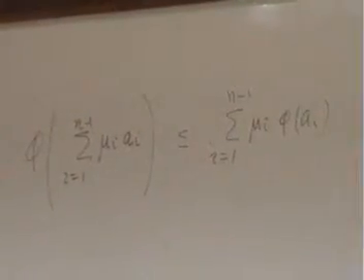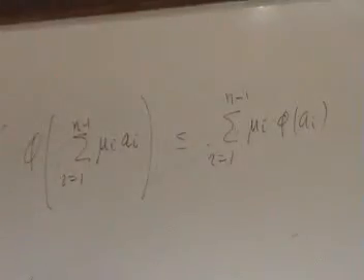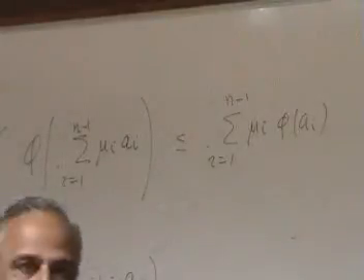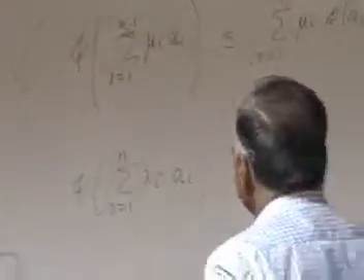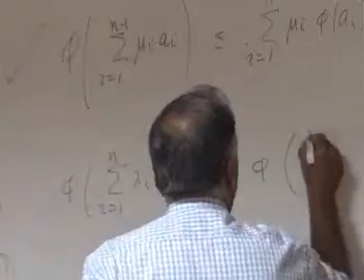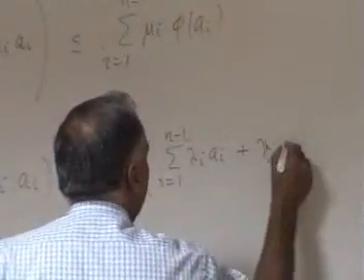Now our problem is, look at this. That was our original problem. Now what I am going to write here is this: phi of the summation i equals 1 to n minus 1 lambda i a i plus lambda n a n.